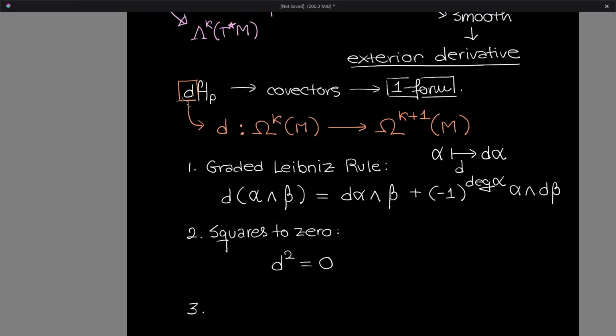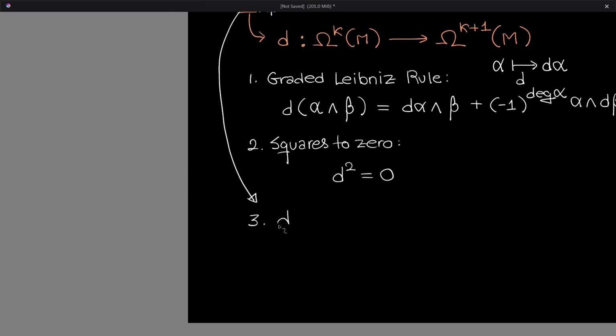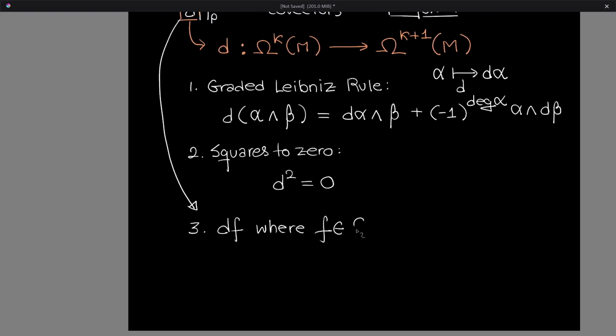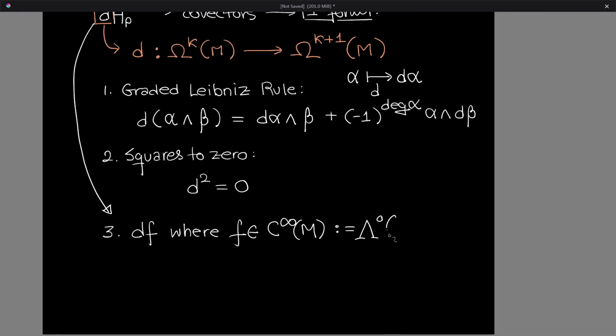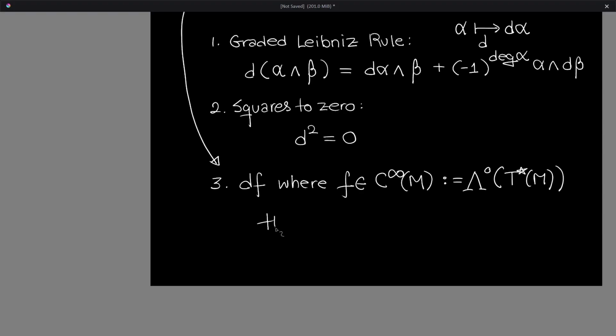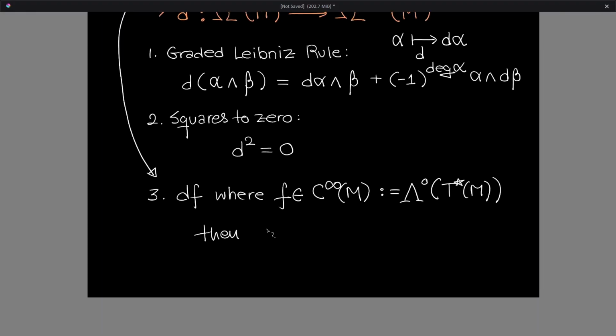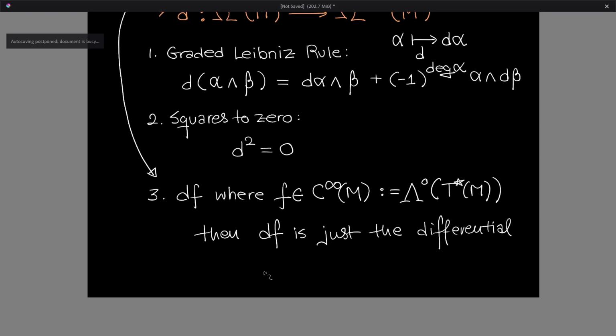And thirdly is this thing where df, where f is an element of C infinity of M, which is by definition lambda 0 of T star M, then df is just the differential of the map as in lecture 1.